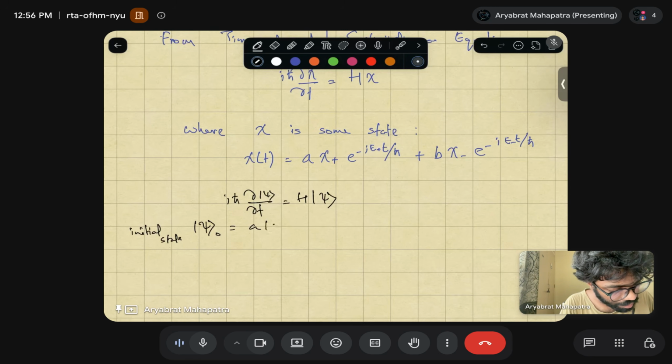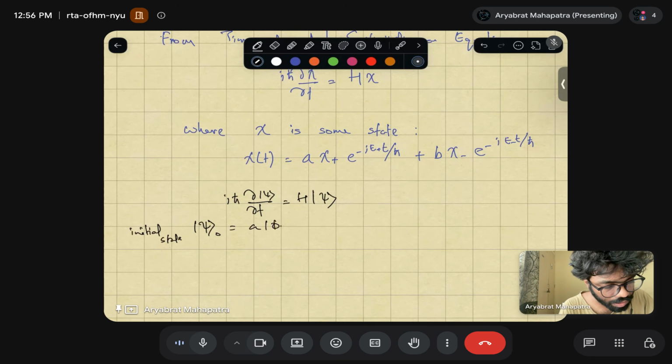And so when this acts on phi 1, since phi 1 and phi 2 are eigenstates of H, this means H phi 1 will give me E1 phi 1, and H phi 2 will give me E2 phi 2.